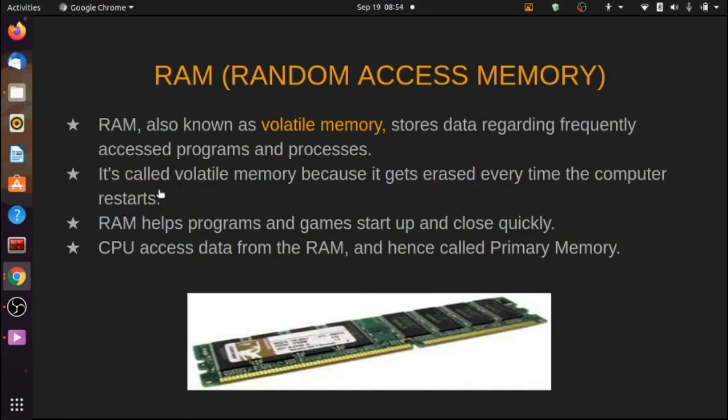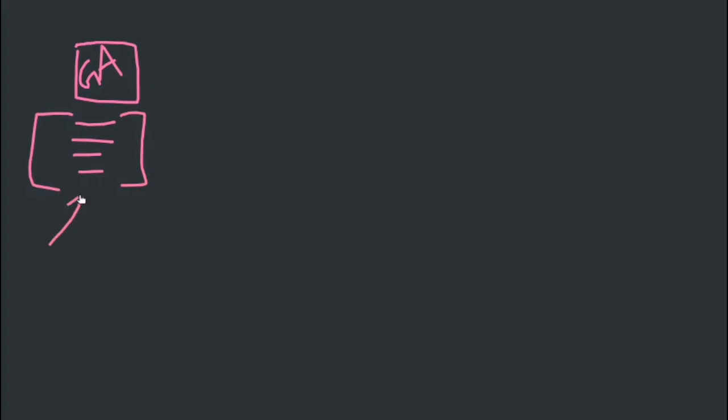Okay, let us consider a simple scenario. Suppose you have a gaming application. This is nothing but a set of instructions or lines of code, so you can call this a program, right? Now you want to play this game.